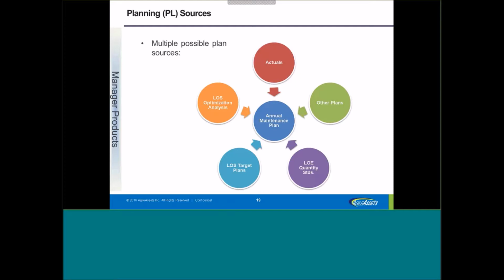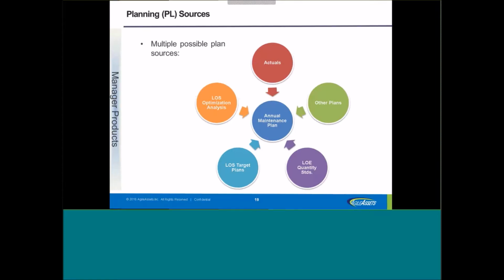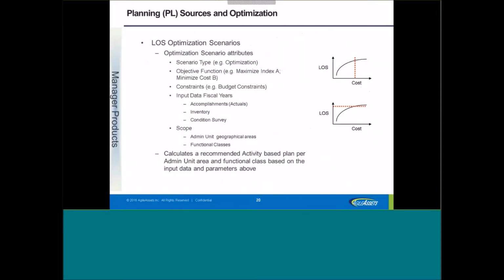You've also got the level of service side of things, and so you can set up level of service targets for each of your individual level of service indices. And then lastly, out on the top left there, you've got level of service optimization analysis. We pride ourselves in going all the way around that circle.